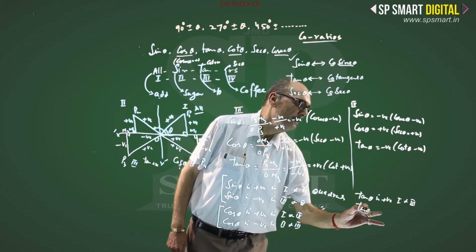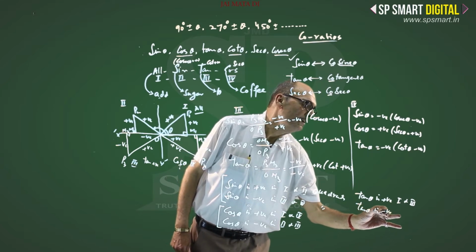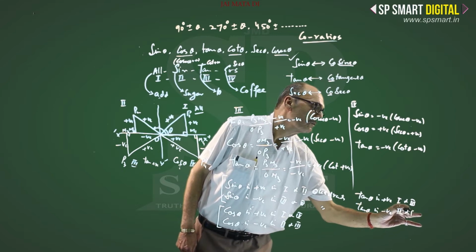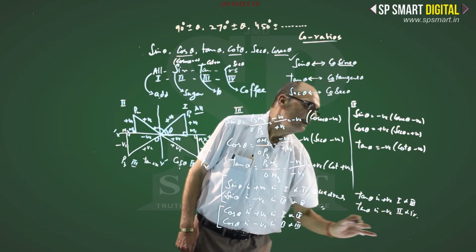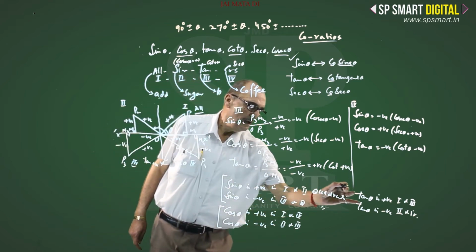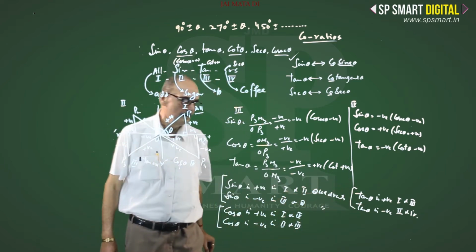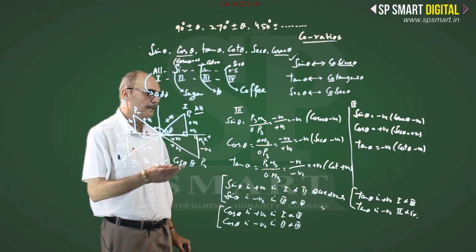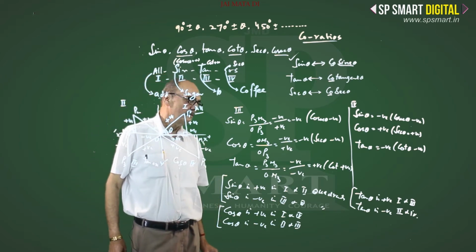Tan theta is negative in second and fourth. So, we observe here every trigonometric ratio is positive in two quadrants and negative in two quadrants.